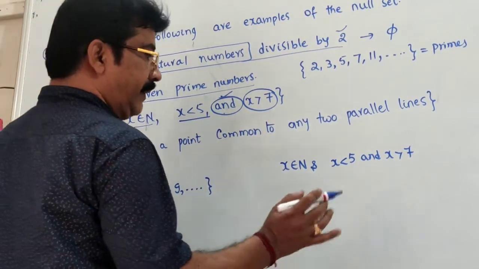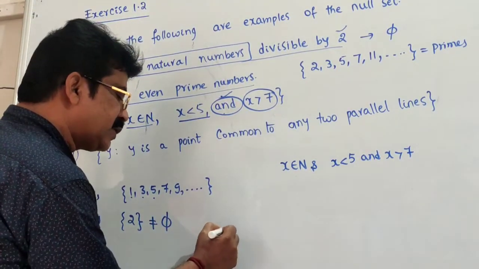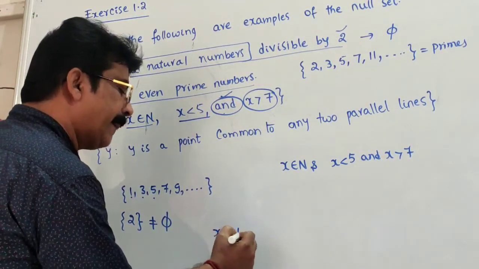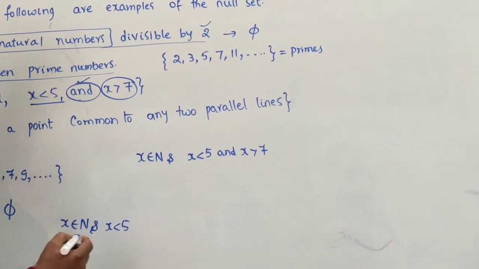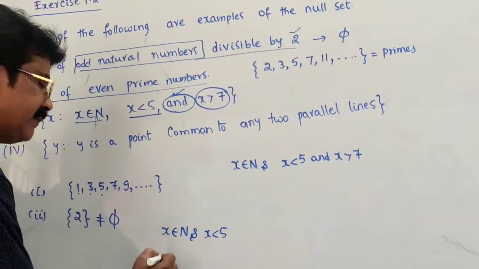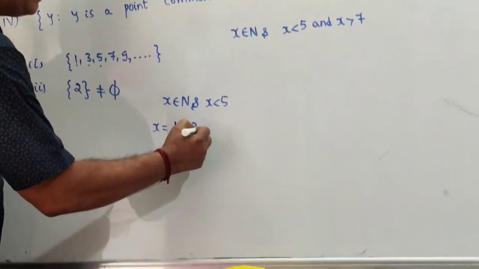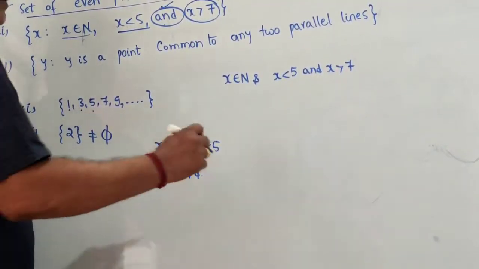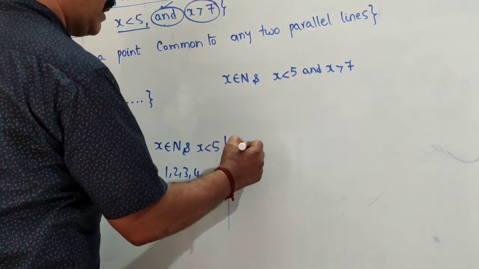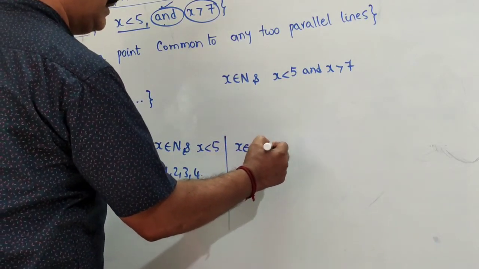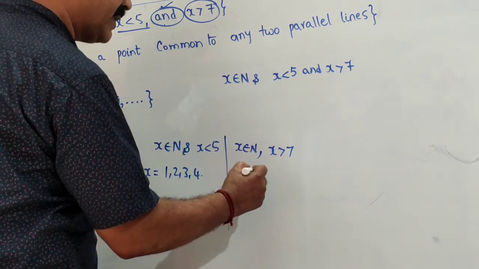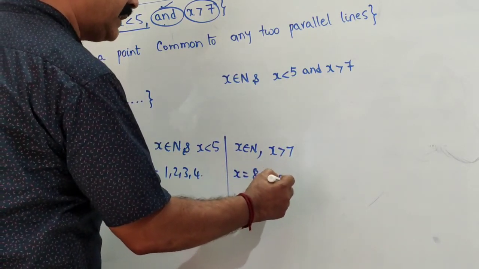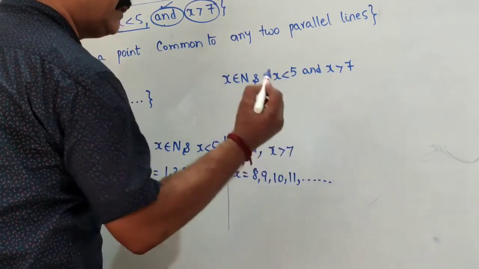For example, x belongs to natural number and x is less than 5, then x can be taken as 1, 2, 3, 4. That's all. For example, x belongs to natural number, x is greater than 7 means x can be taken as 8, 9, 10, 11, just like that.